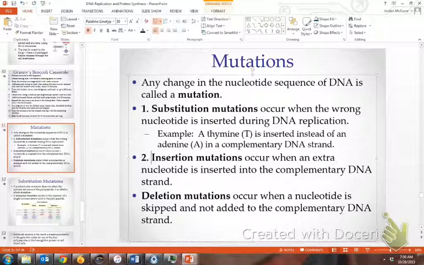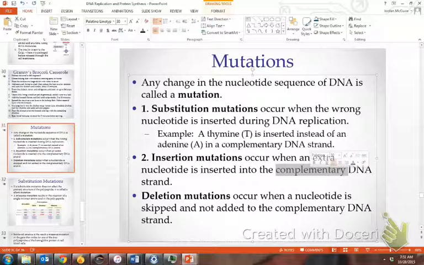The second kind is called an insertion mutation. Most of this stuff is self-explanatory, to be honest with you. The word substitution should tell you what's happening, and the word insertion, to insert, to put in, should tell you what's happening. So in this case, an extra nucleotide, meaning just an extra nitrogen base with its sugar and phosphate, gets put in to the complementary DNA strand.